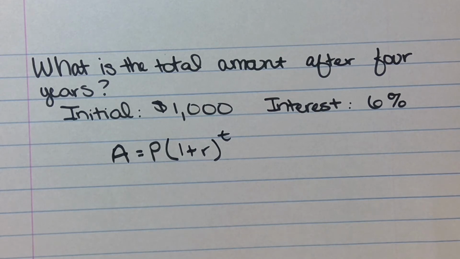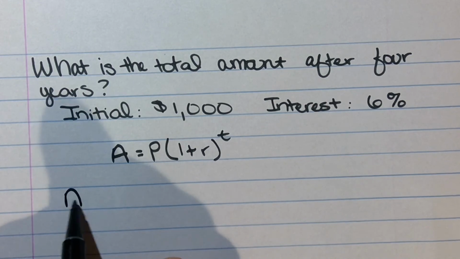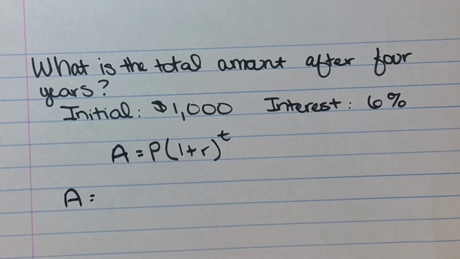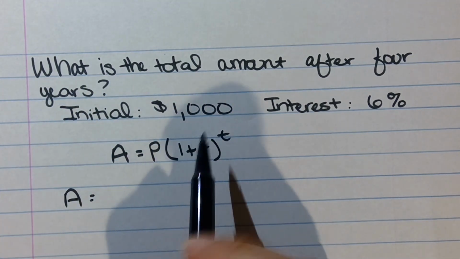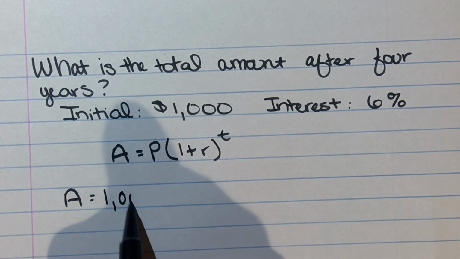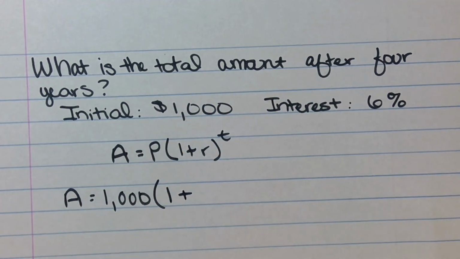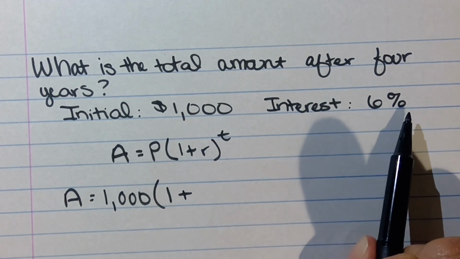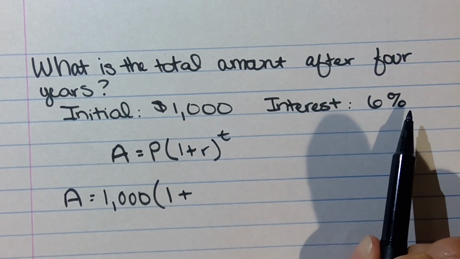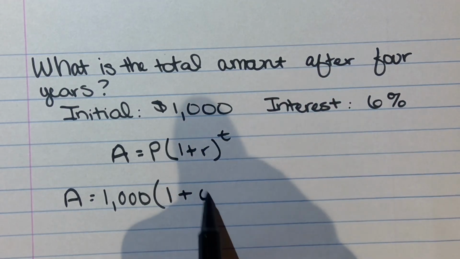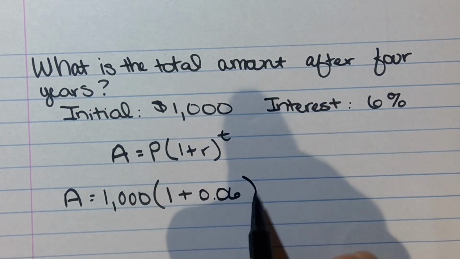Okay, let's see what you came up with. So A is what we want to know. P, we were told, is 1,000 times 1 plus R is 6%. We're writing this as a decimal, so that's 0.06.